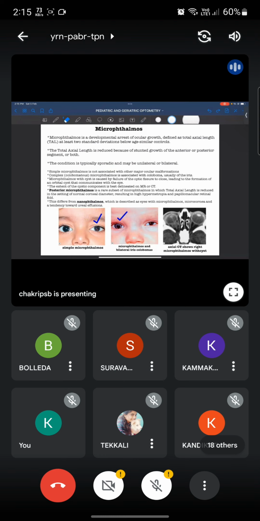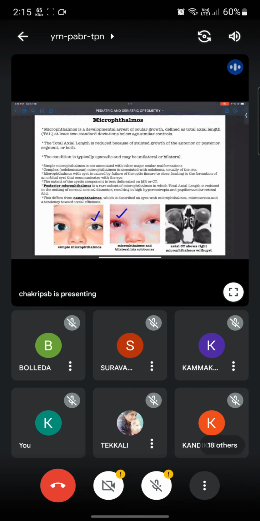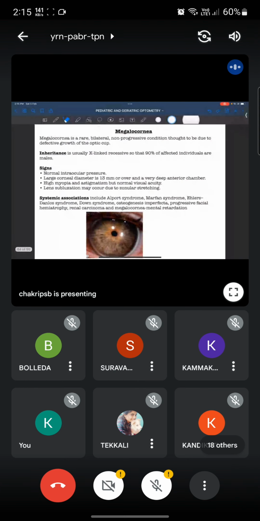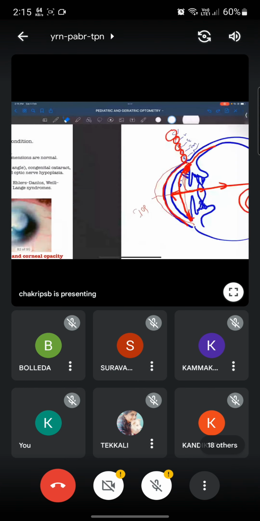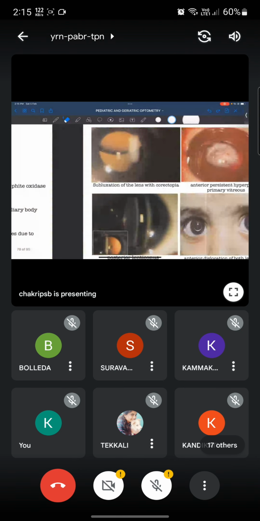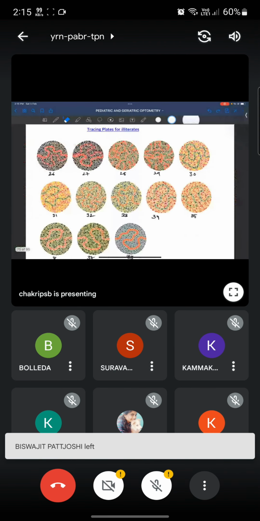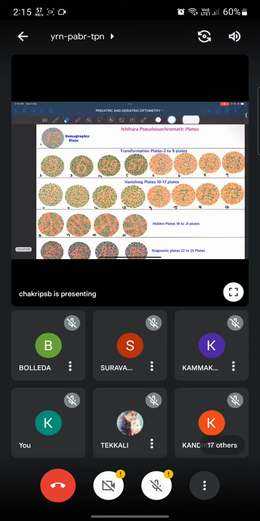So this is what we have discussed today. For today's class: microphthalmos, megalocornea, microcornea, ectopia lentis, and color vision deficiencies.